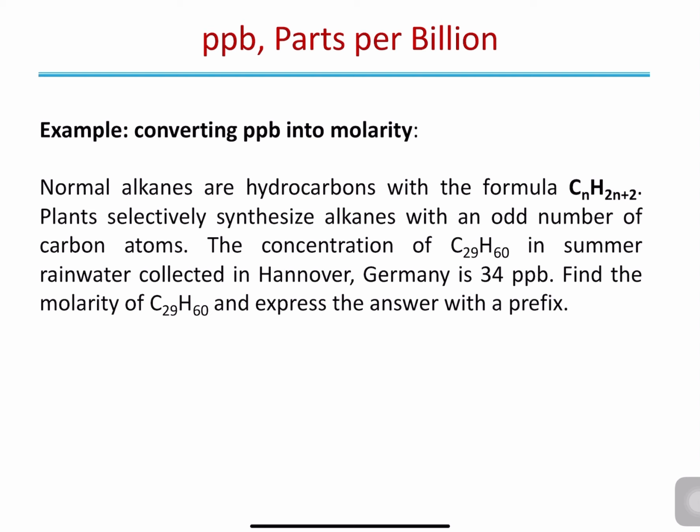A question here about the normal alkanes, which are hydrocarbons. An alkane that has a molecular formula of C29H60 is collected in the summer rainwater, and the concentration was found to be 34 parts per billion. And we need to find the molarity now. So we need to change the concentration term from part per billion into molarity.